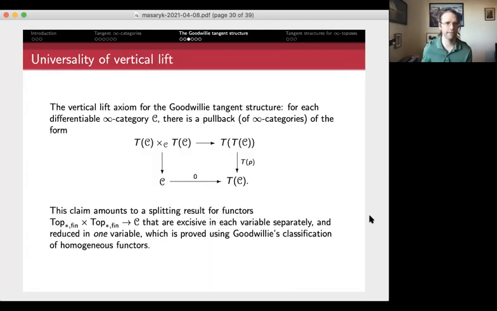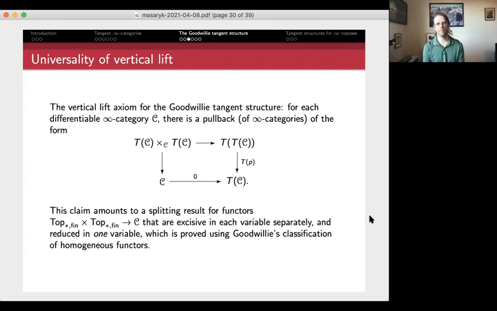Oh, I did have another slide which I was going to mention, this vertical lift axiom. I tried to tell you earlier that the vertical lift axiom is fundamental in the notion of a tangent category. And also for us, in defining this tangent infinity category of infinity categories, one of the key points was: is this vertical lift axiom true? What does that actually look like in our Goodwillie tangent structure?